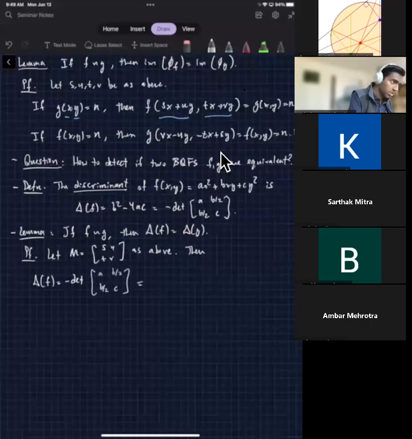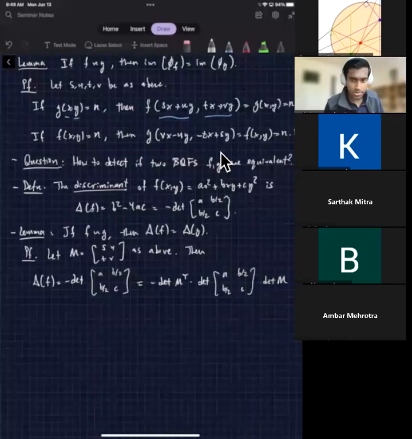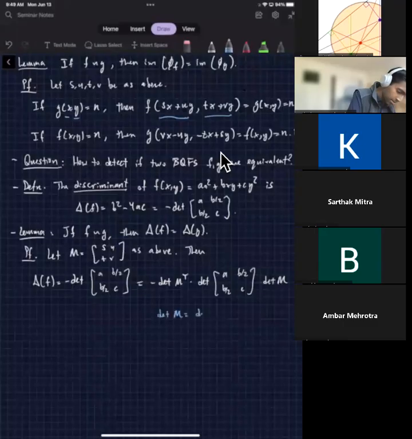And now this is just equal to minus the determinant of M transpose times the determinant of (a, b/2; b/2, c) times the determinant of M. The reason we can do that is that the determinant of M equals the determinant of M transpose.